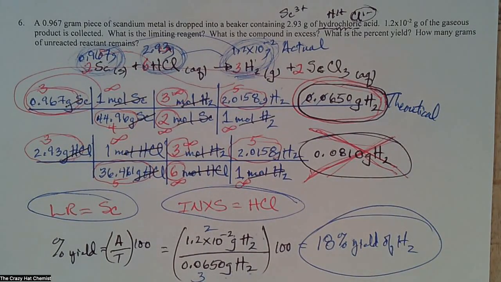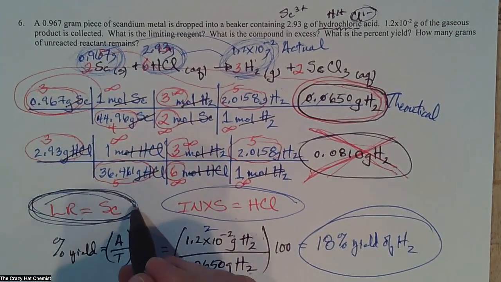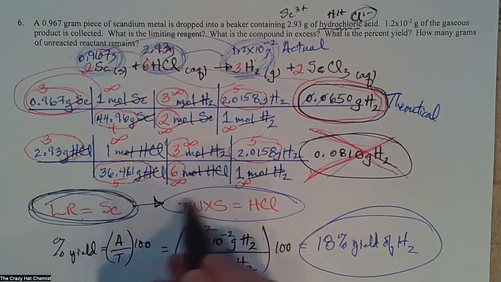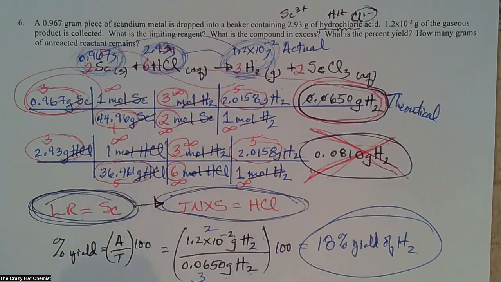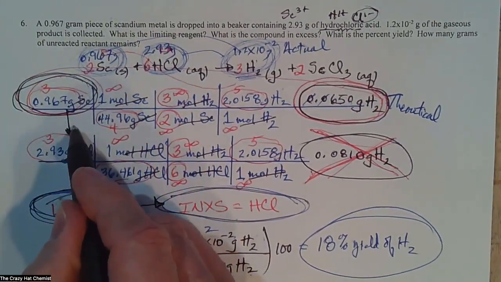All right, we are almost done. We have one more part to hammer down the nail on this problem here, and then we will be completely done. So we know what reagent is limiting. We know what reagent is in excess. So what we're going to do is take the reagent that is limiting and convert it to the one that's in excess.